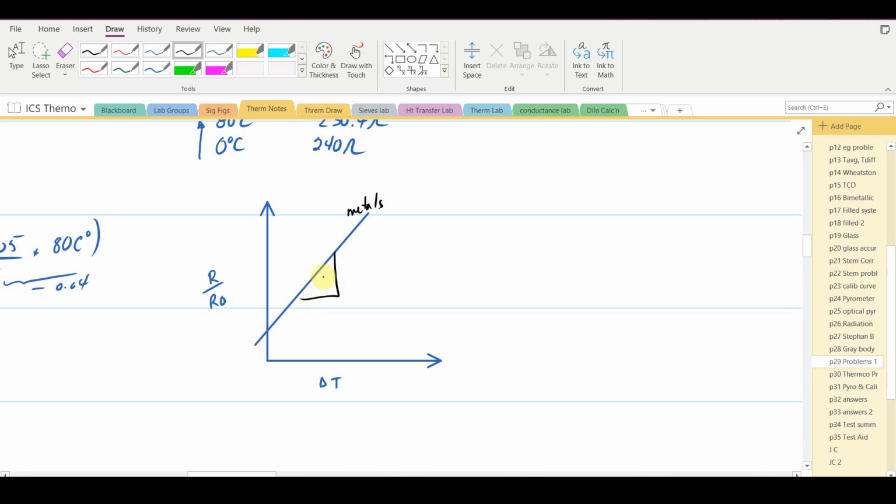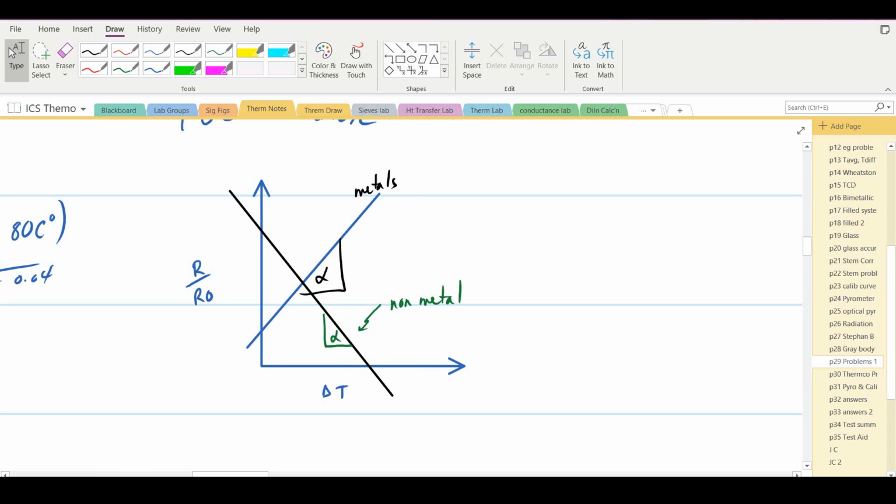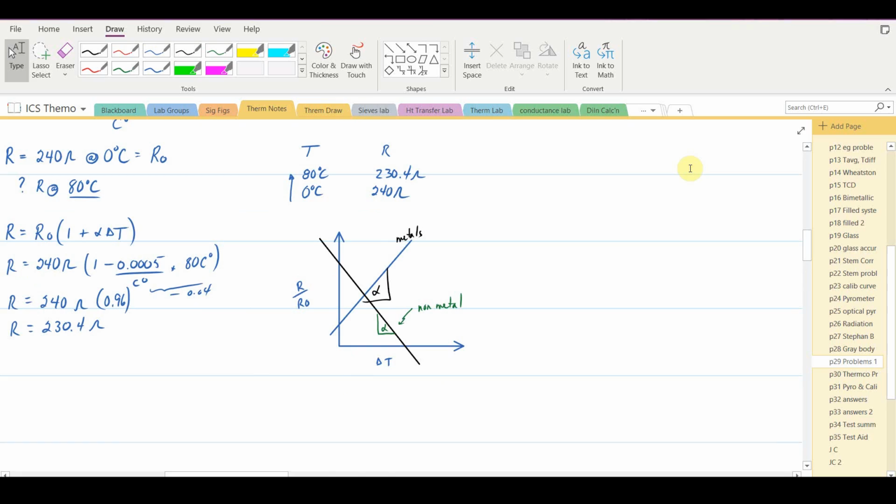And alpha was positive. But now when you look at a nonmetal, we have something like this. Alpha in this case is negative, and that's for a nonmetal like carbon. It's the graphite form of carbon that conducts. And that's it for RTDs.